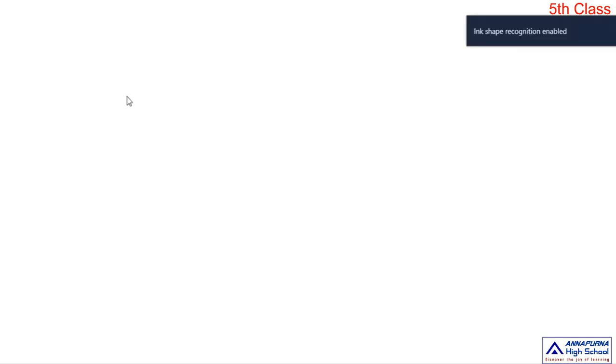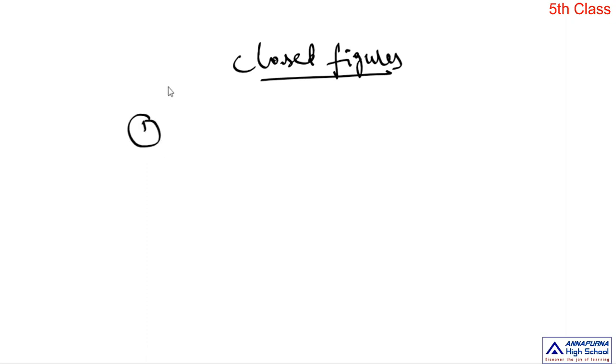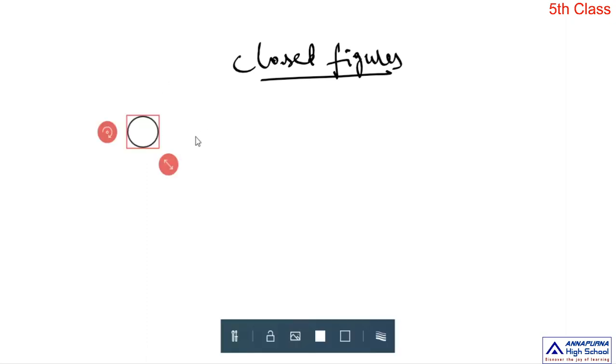Closed figures can be further classified into two broad categories. The first one is two-dimensional shapes.